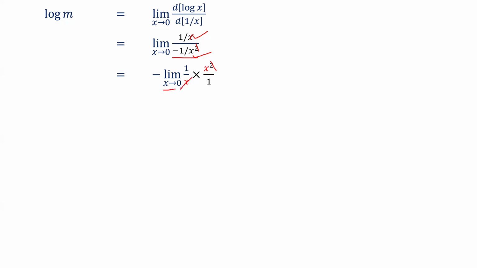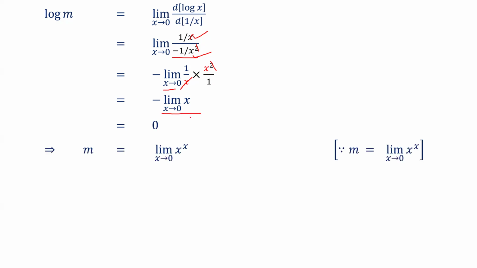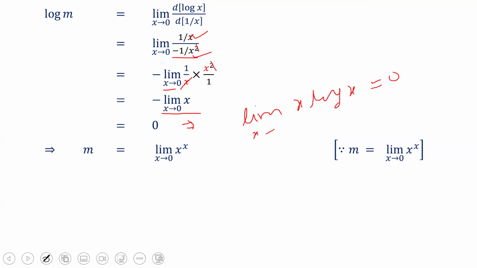One x will cancel. We have minus the limit of x when x tends to 0. If we put the limit, we get its value as 0. It means that the limit of x log x is equal to 0 when x tends to 0.